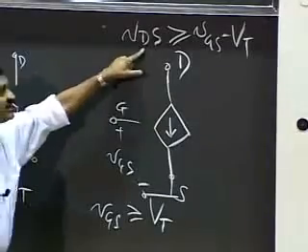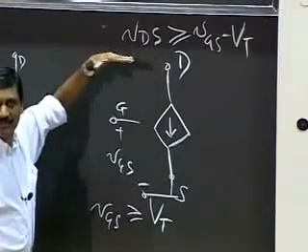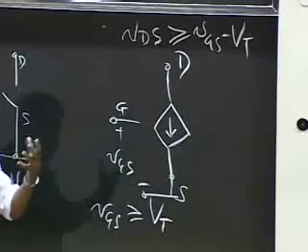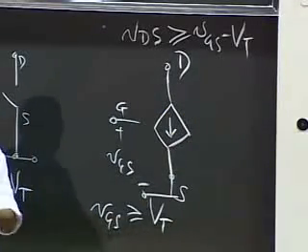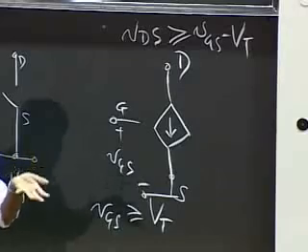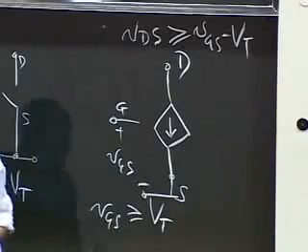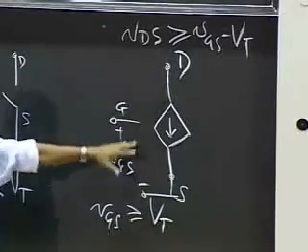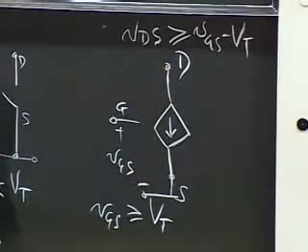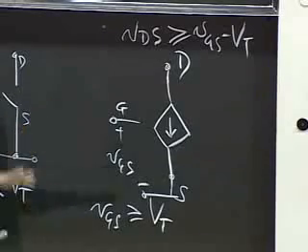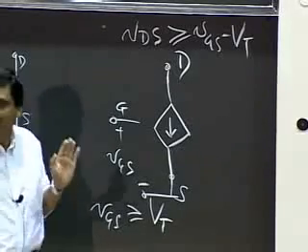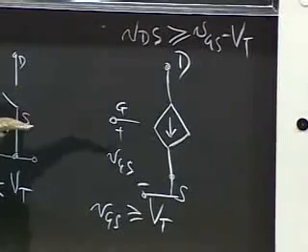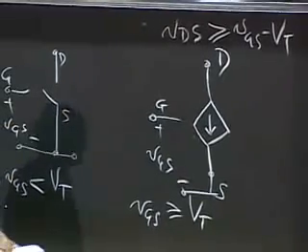So when my drain voltage goes above VGS minus VT, so VGS is 3 volts, and if VT is 1 volt, then if VDS goes above 2 volts, if I'm hammering the drain of the MOSFET with a higher voltage, then this guy says, I give up. I can't show you nice resistive behavior, and the current saturates out, and it doesn't allow you to draw any more current than a maximum value. Okay, and that's the current source behavior.